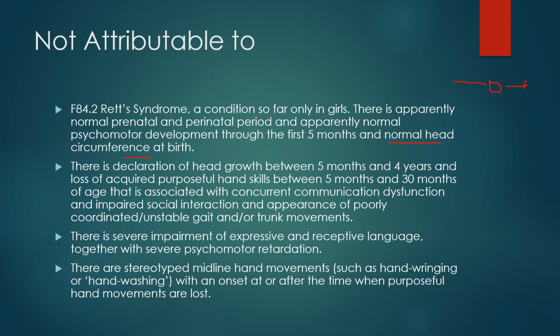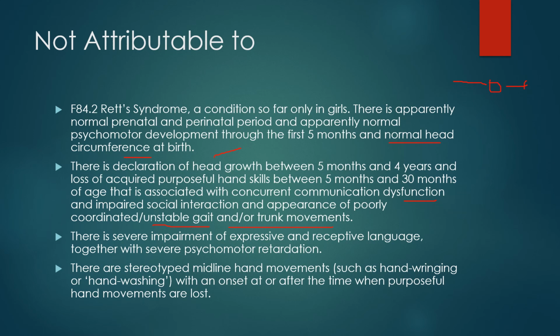However, as the 5 months pass and until about 4 years, symptoms tend to appear. The head growth tends to stop, and there is loss of acquired purposeful hand skills between 5 months and 30 months of age that is associated with concurrent communication dysfunction, impaired social interaction, and appearance of poorly coordinated, unstable gait and or trunk movements.